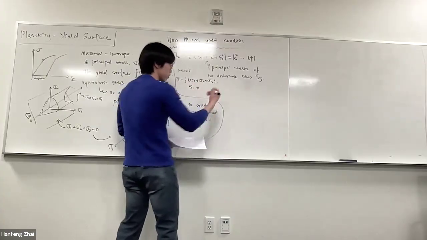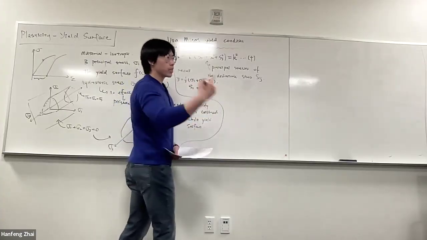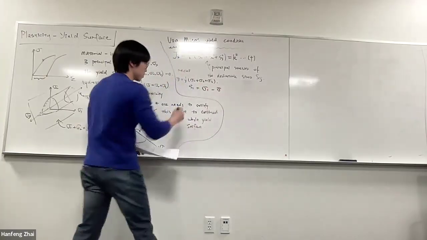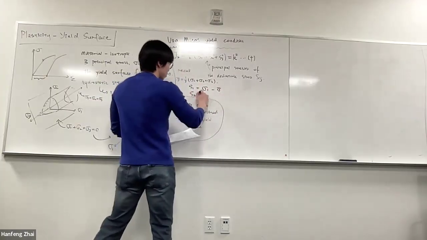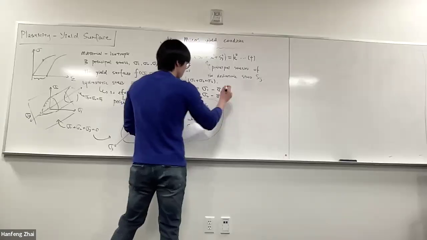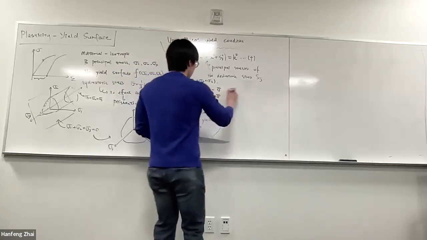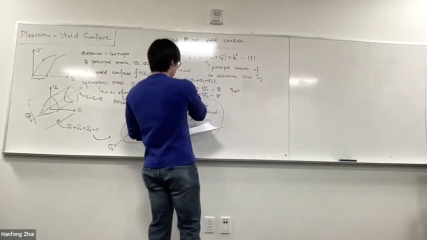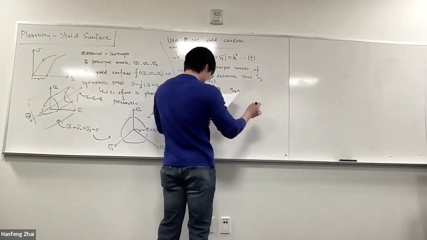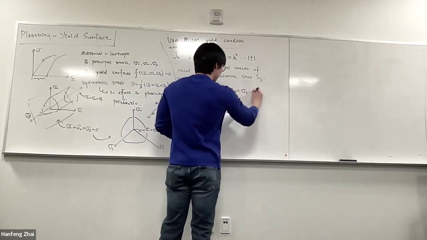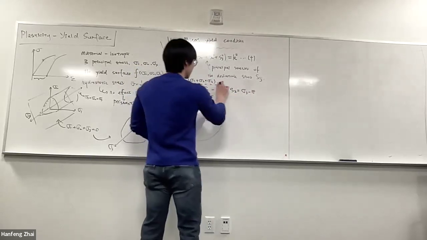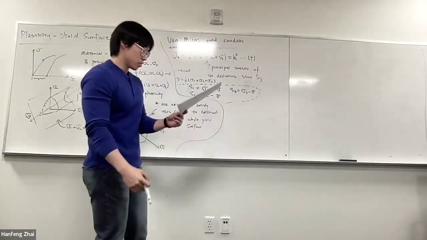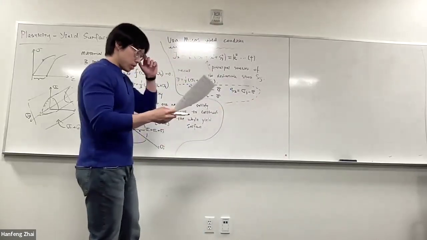S1 should be the first principal stress component minus the hydrostatic stress, so sigma 1 minus sigma bar. Same for S2, sigma 2 minus sigma bar. And S3 equals, whoops, poor space management, I guess. Let's see, okay. So this is the definition of the three deviatoric principal stresses.